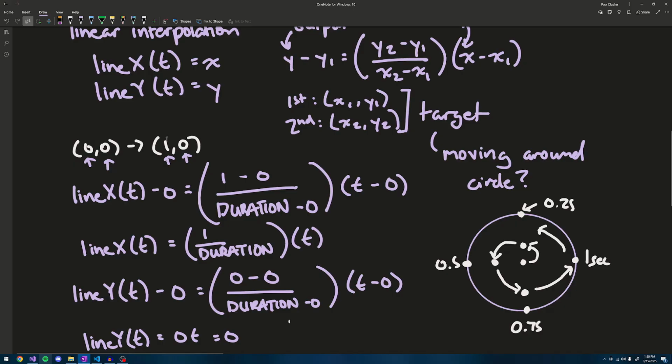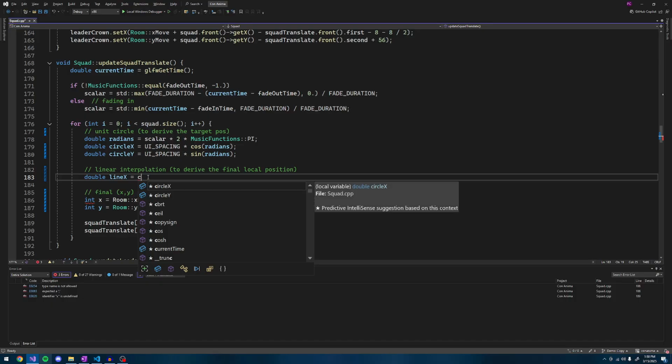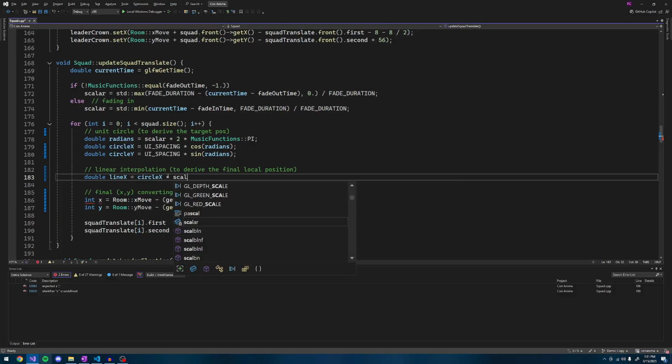We're trying to go from 0 to 1. This value is going to be the target position that came from the unit circle equation. And because t is already divided by duration, we can just say 1 times t. So here, we want to take the target position, which in this case is circle x, and multiply it by the scalar.